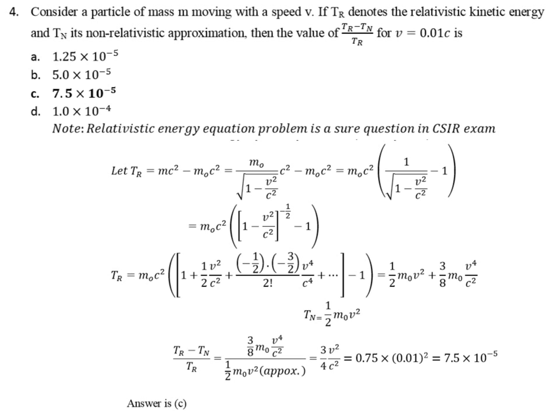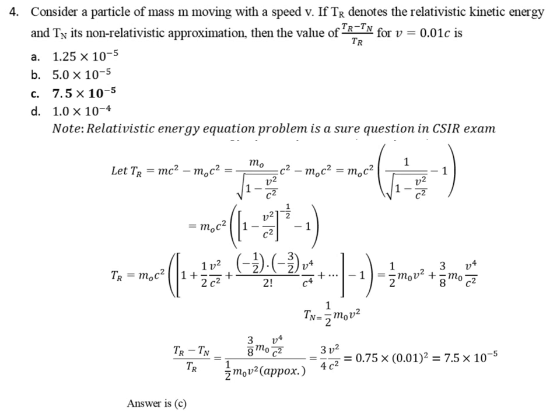Let the relativistic kinetic energy Tr equal mc square, that is total energy, minus m0 c square, that is rest mass energy. Now we know the equation for mass expansion. Substituting m equal to m0 divided by root of 1 minus v square by c square, we get m0 c square into (1 minus v square by c square) raised to minus 1 by 2, minus 1.